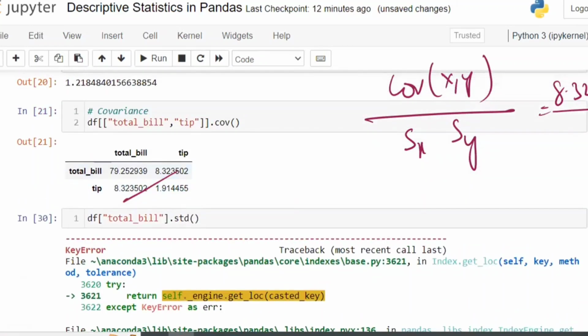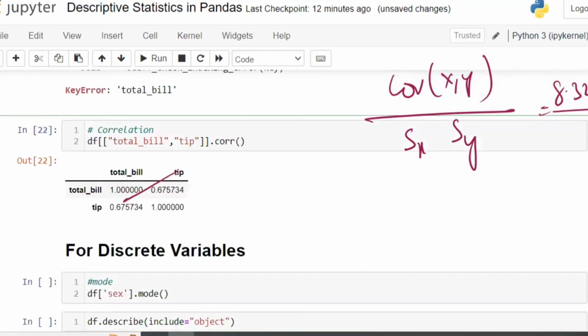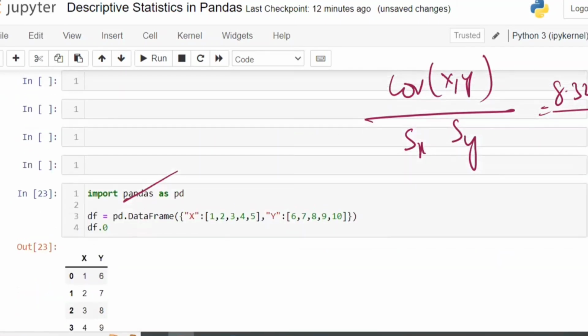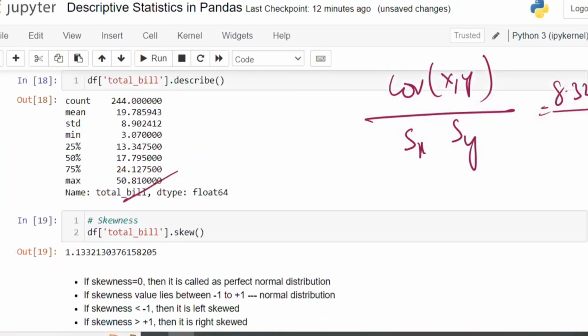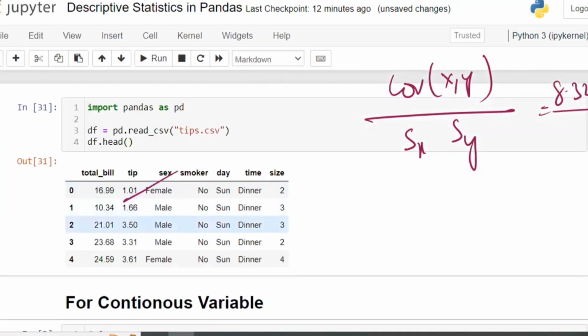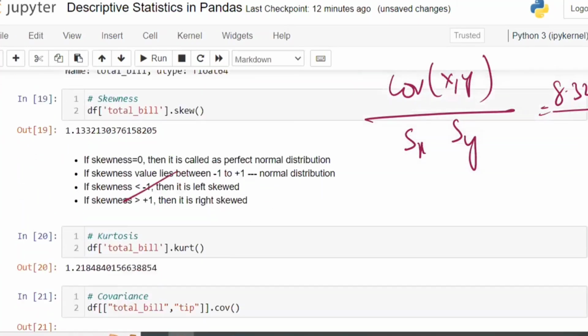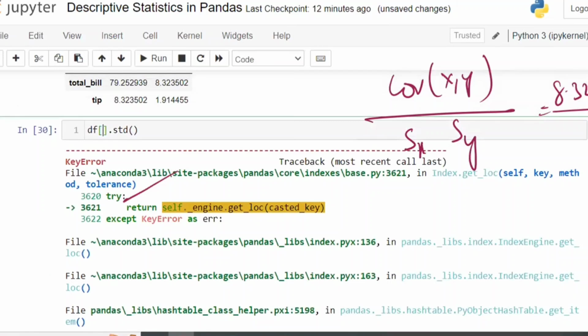Total underscore bill. Oh, df is now this one. Earlier I had executed df, and now df has only x and y. So let me re-execute the df first. Now df has the right columns, so df of total bill will be accepted.